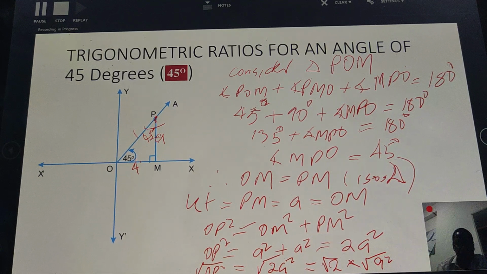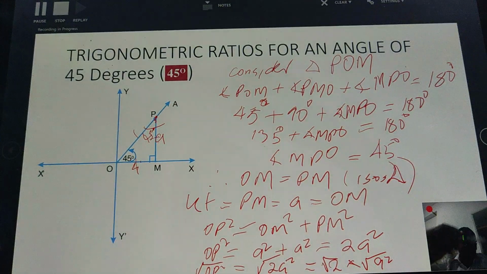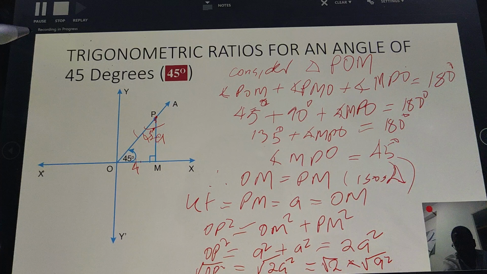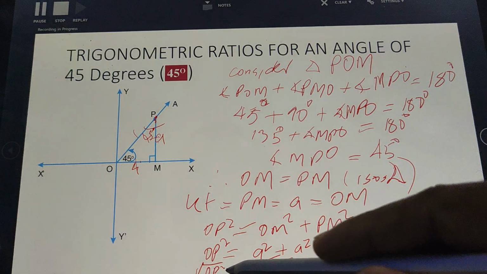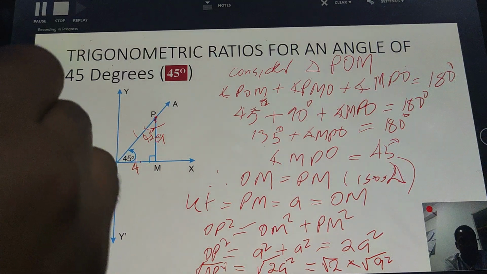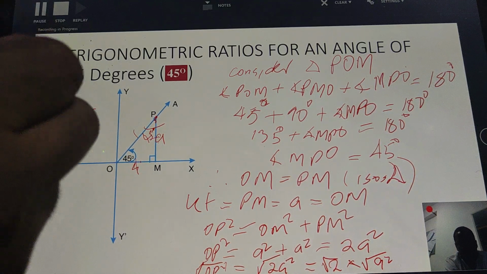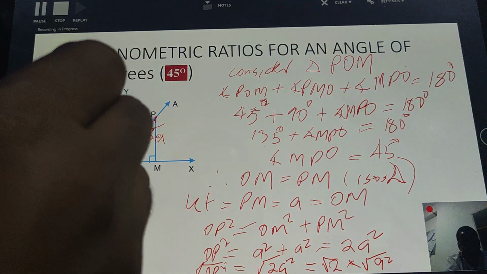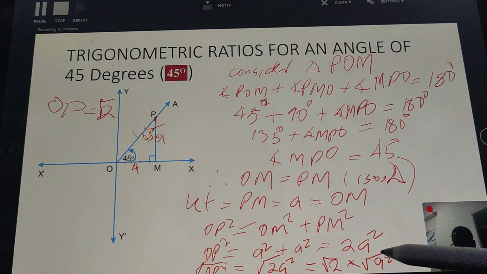Right, so reaching that far, because of space, let's go to this side. Remember, the square and that root can cancel, so OP will be equal to root 2 times root A squared.